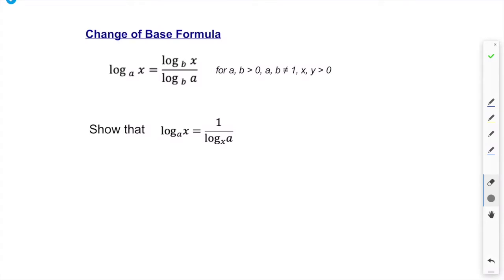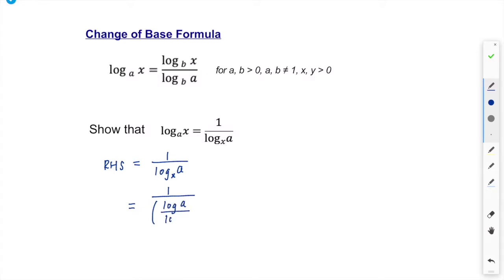Log x base a is equal to 1 over log a base x. So what can we do here? Well, I'm going to actually start from the right-hand side of this expression, 1 over log a base x, and apply a change of base formula to it. So I can write this as 1 over log a over log x.